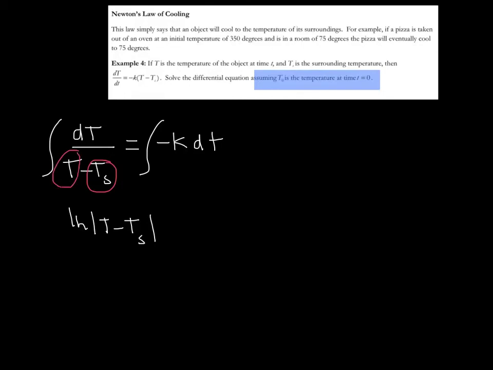The temperature of the pizza is cooling down, so it's changing. The temperature of the room is never changing. That's a constant. So we're going to integrate the right side, and that's just going to be negative kt, little t, plus a constant. And then from there, we're going to have to do this around the world thing again.